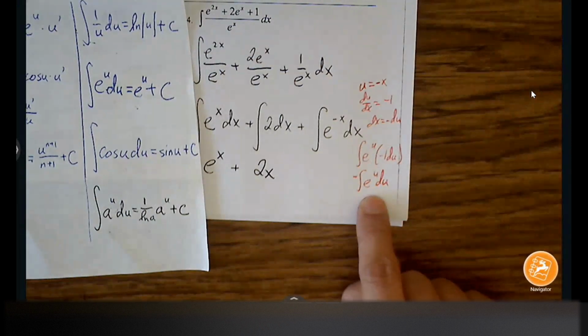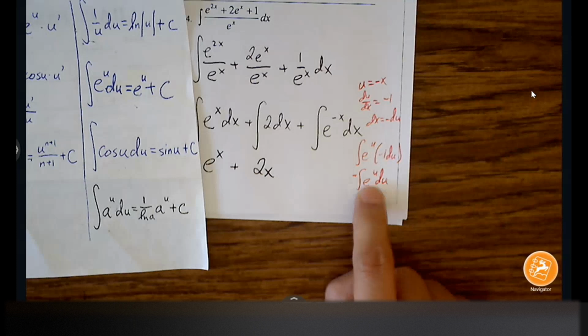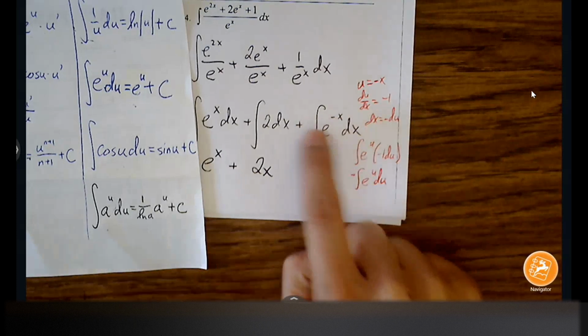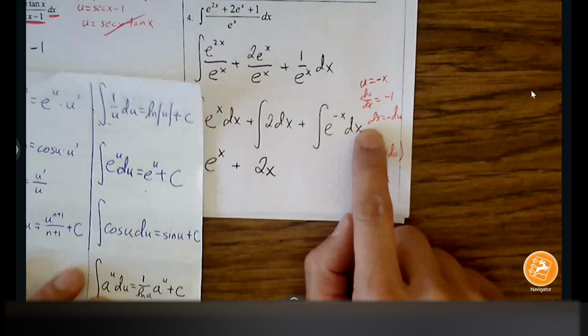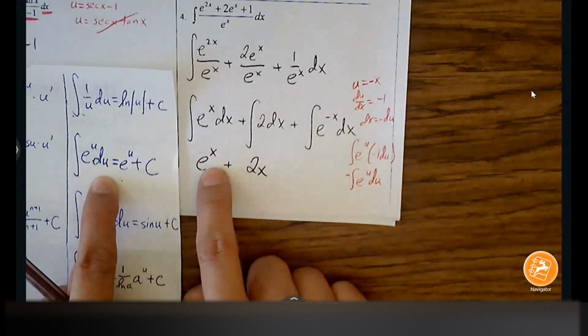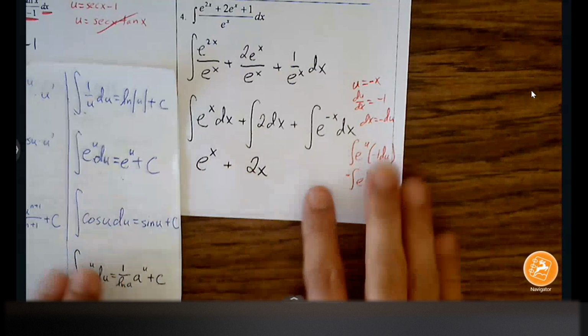Basically, it's e to the u, but there's a leftover negative 1. So that negative x is going to produce a negative 1, but we're going to get virtually the same thing as this one, just with the negative in front.